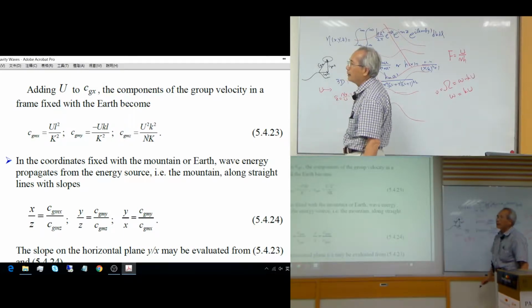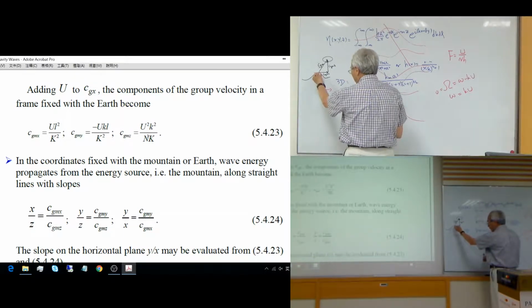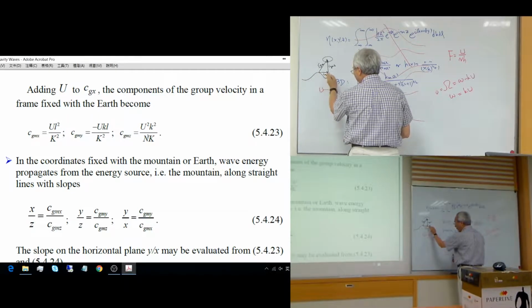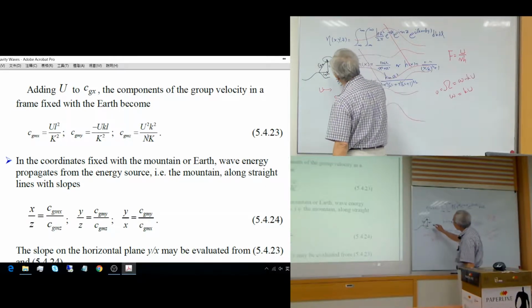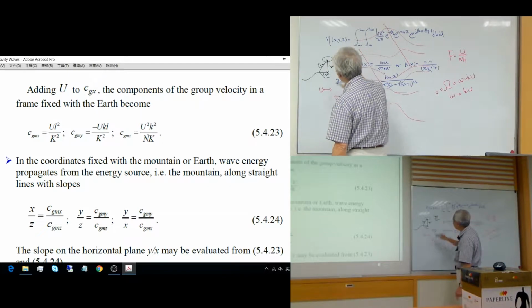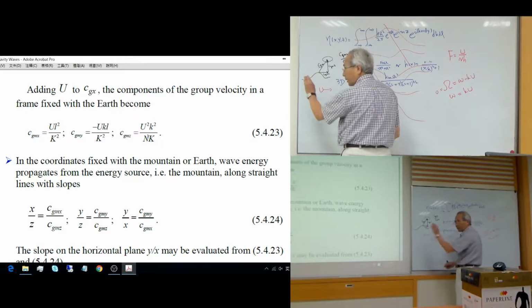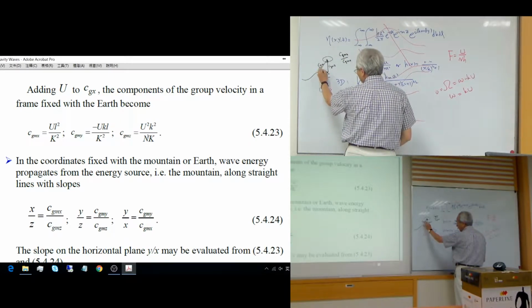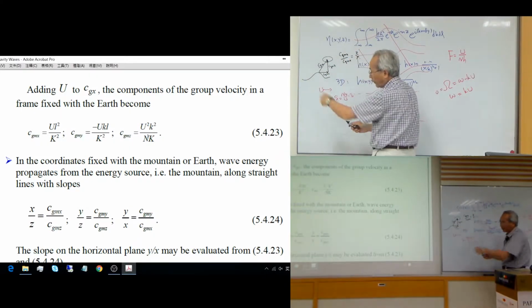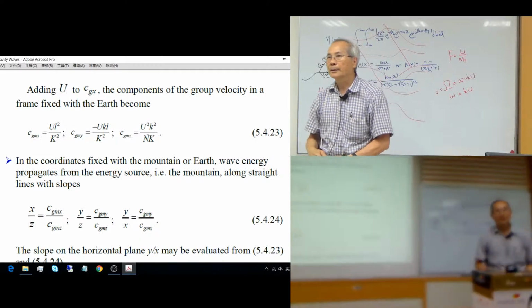So this is the x direction of the wave energy propagation. This is the z direction of the wave propagation, like this way, right? So this is CGMZ divided by CGMX, because in that space you have this one go to here. So this is x, this is z. So it equals z over x. That's what we have there.